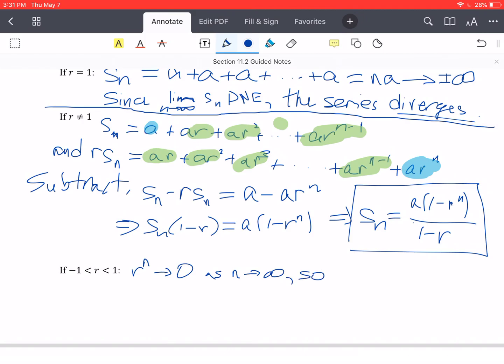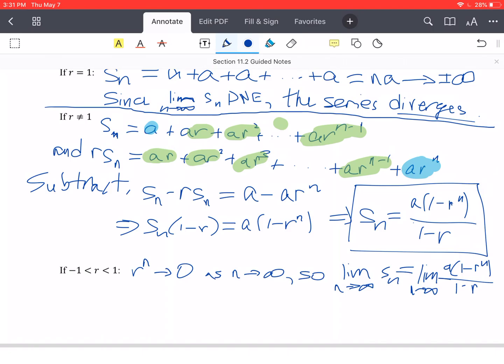So the limit as n approaches infinity of S_n, which is the limit as n approaches infinity of a times (1 minus r^n) over 1 minus r.